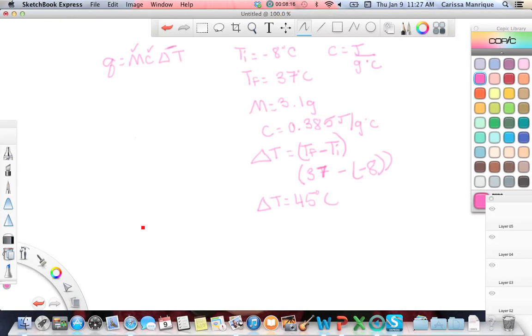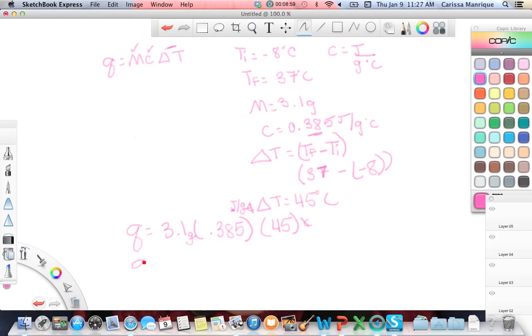Now let's plug everything in. We have Q. Our mass is 3.1, our C is 0.385, and our delta T is 45. Let's look at our units. 3.1 is grams. C is in joules per gram Celsius, and this is Celsius. So Celsius and Celsius cancel out, grams and grams cancel out, and that leaves us with joules.